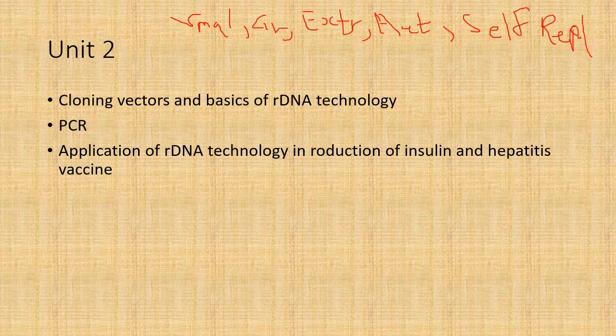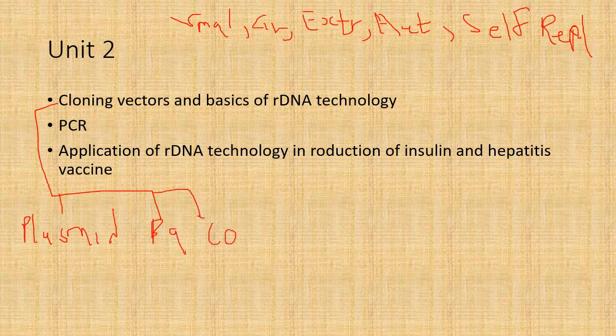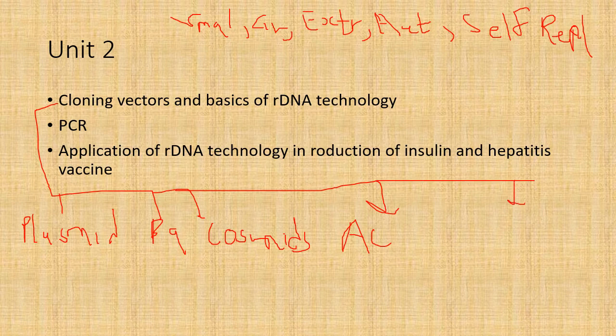Cloning vectors are of different types, that is plasmids, which are most commonly used, bacteriophage, cosmids. These cosmids are a combination of the bacteriophage and the plasmids. You have artificial chromosomes, and then you have a phagemid, that is an amalgamation of plasmid and a cosmid.